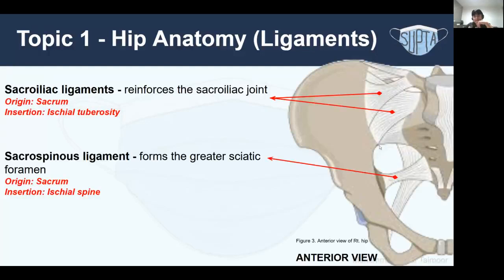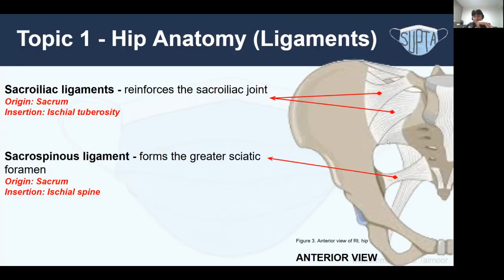And then you've got the greater sciatic foramen and the lesser sciatic foramen. In the greater sciatic foramen, the borders are laterally the ilium, medially the sacrotuberous, and then inferiorly the ischial spine and the sacrospinous ligament.